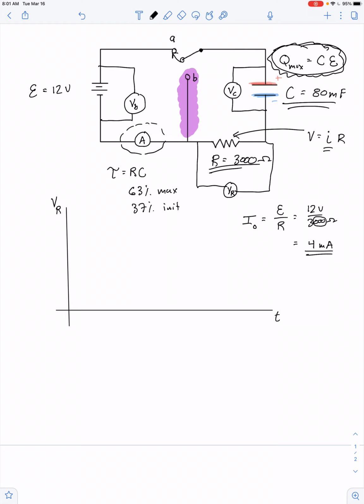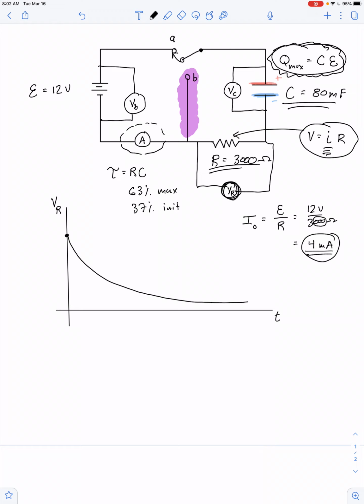So if the current starts out at some maximum value and then drops towards 0, that means the voltage across the resistor has to start out at some initial maximum value and drop to 0. So there we finally have what we can predict the shape of the graph would be for the reading on the voltmeter that's connected across the resistor.